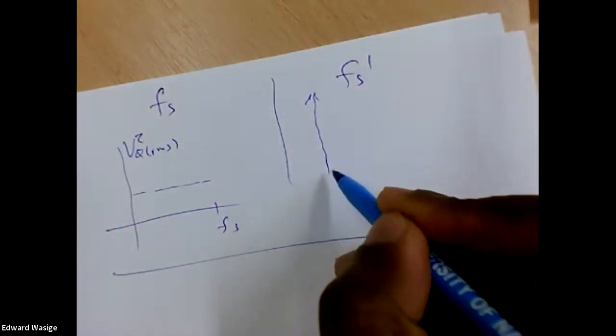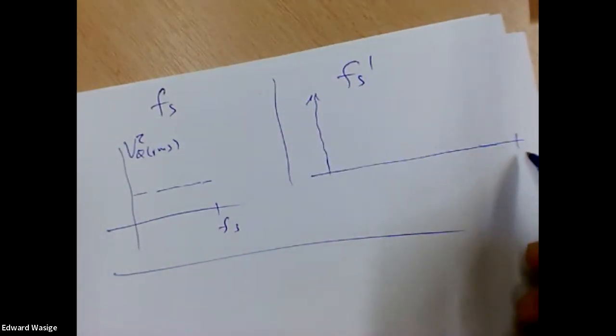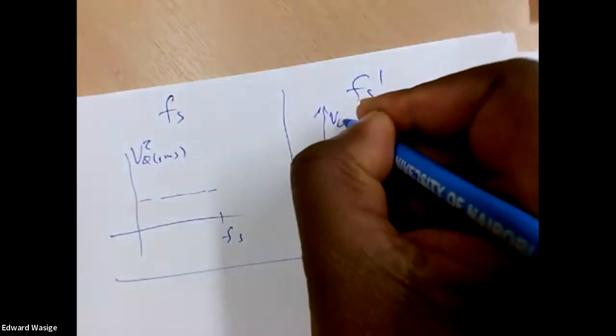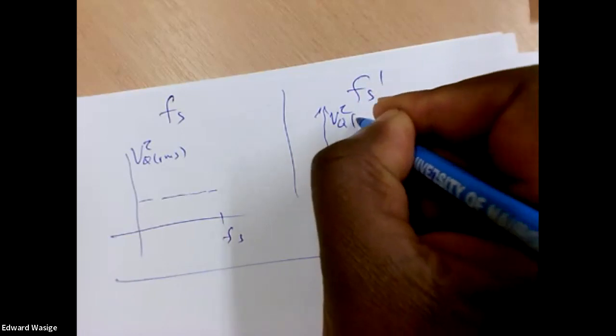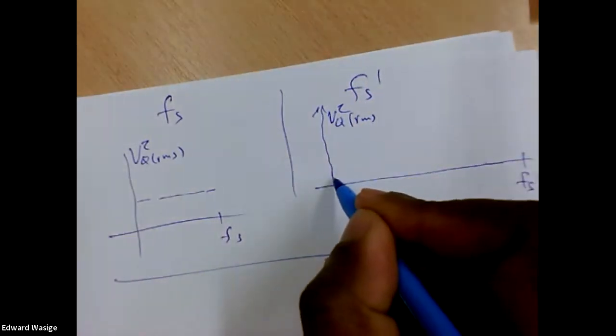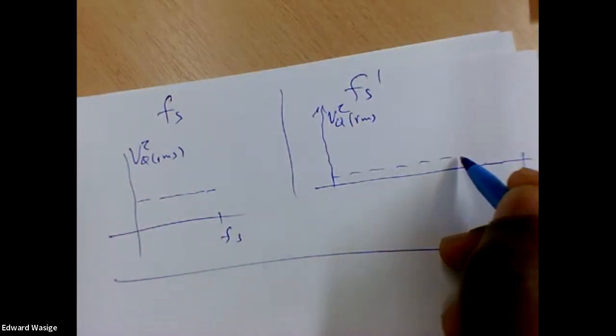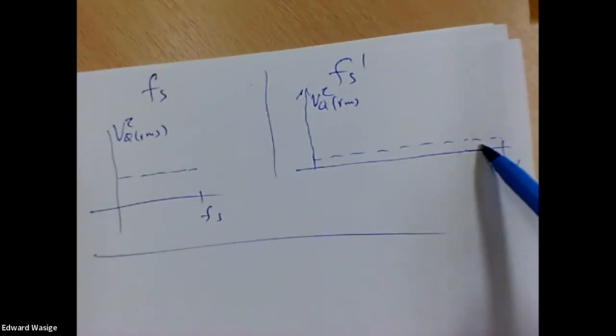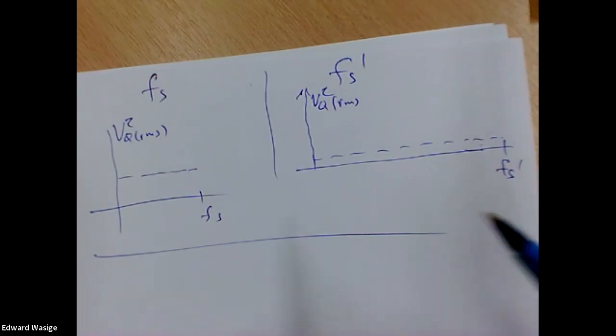If we are on the same scale, and this is FS prime, and this is VQ squared RMS, then the noise will be that, but it's spread over a much wider frequency band.